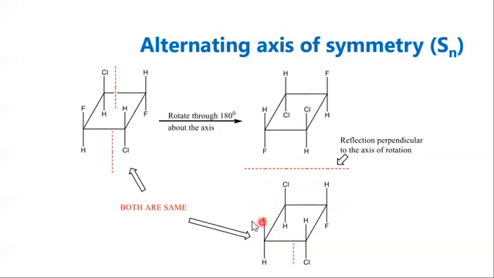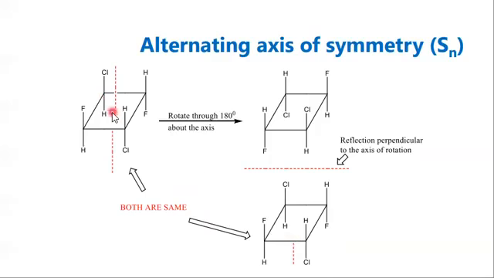Now what we have to do is compare the original configuration and the final configuration. If both are the same, then we call it an alternating axis of symmetry. So this is very similar to the proper axis of symmetry, but the only difference is that here we first rotate through certain degrees, then we reflect in a plane mirror, then we compare the original configuration and the final configuration.